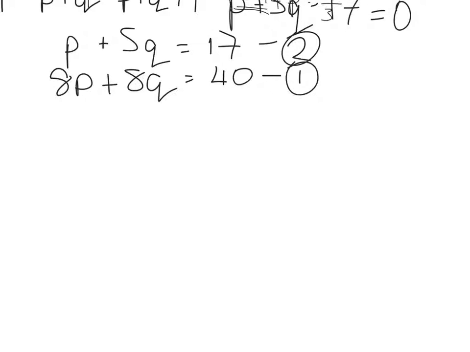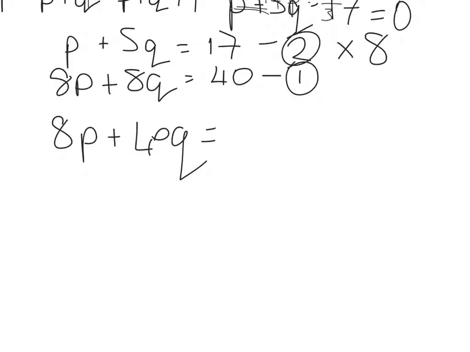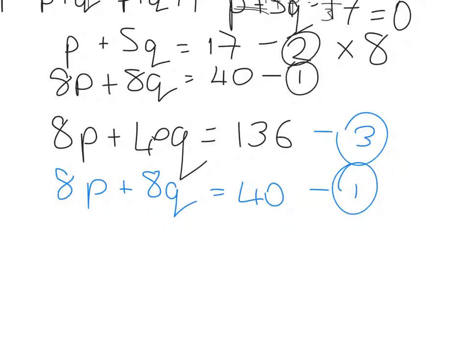I can then at random get rid of p's or q's. So I'm going to multiply equation 2 by 8 to bring p up to 8p, so that will be then 8p plus 40q is equal to, and that will give me 136. And then line that up with equation 1.